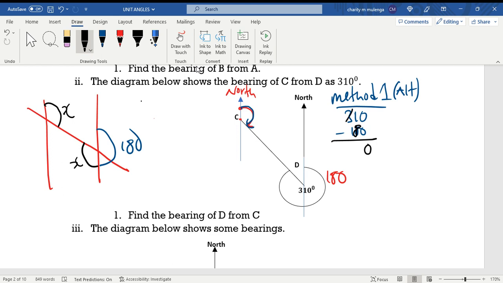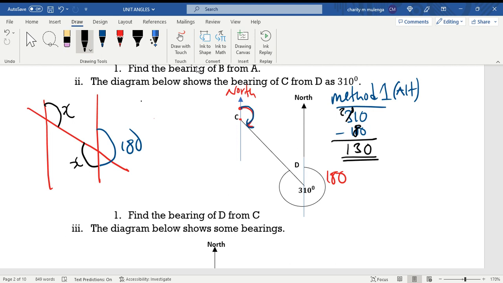1 minus 8, it can't. So we borrow a 1 from 3. We're having 11 there. So 11 minus 8, that's 3. Then 2 minus 1, you're getting 1.